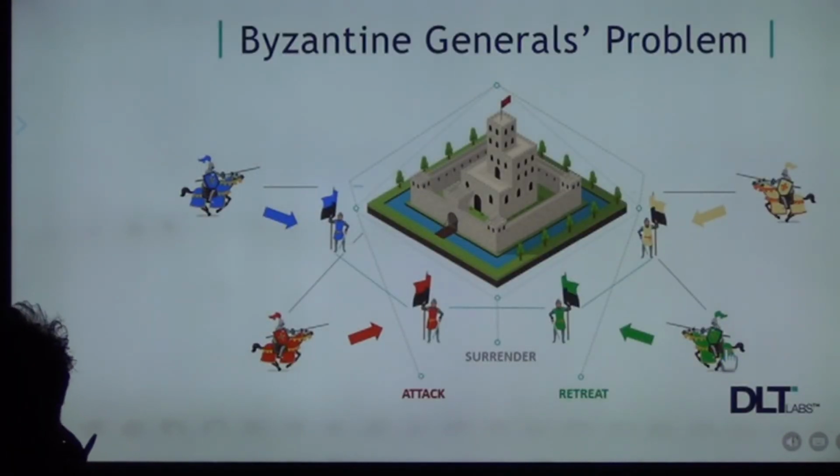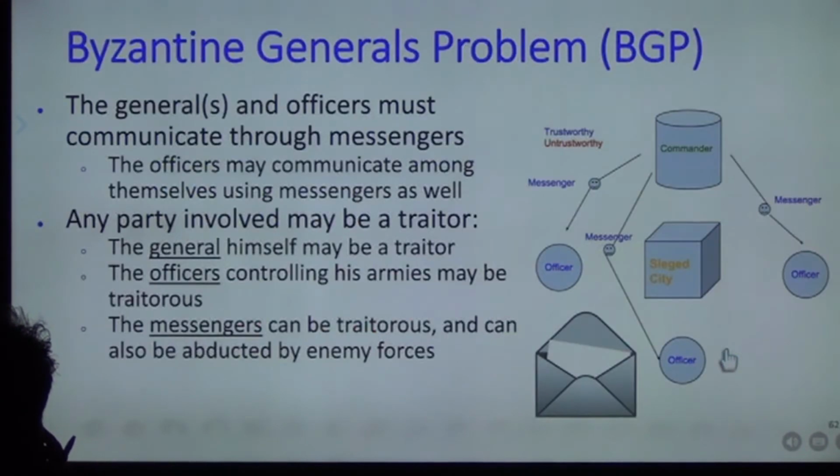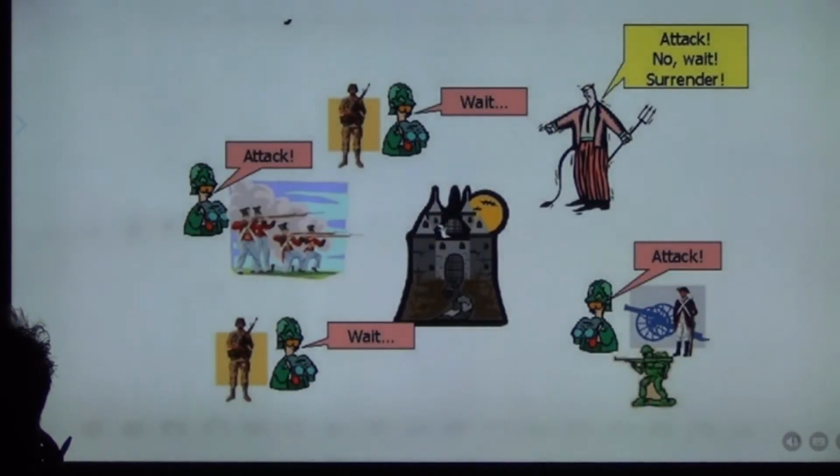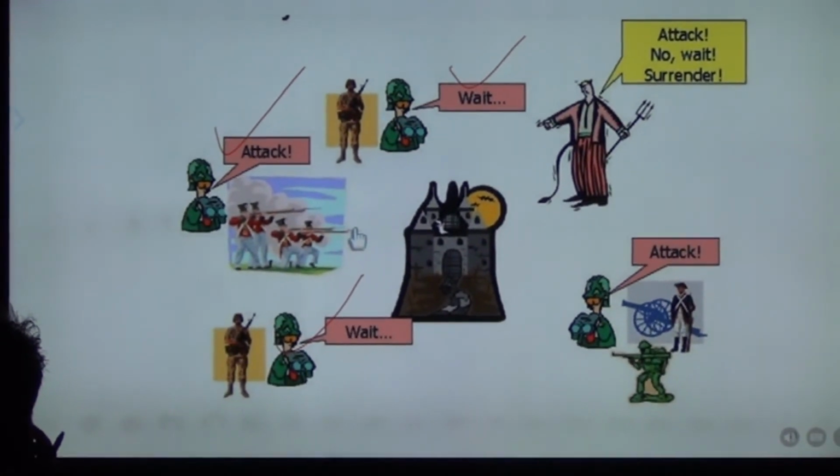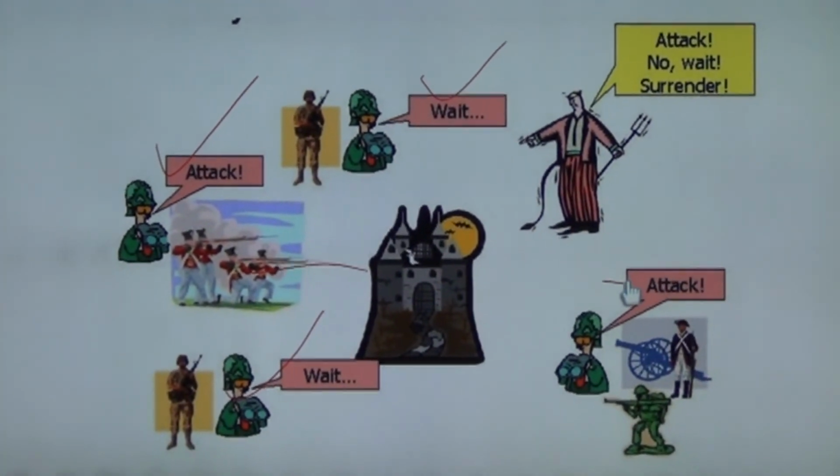This problem is very thoroughly discussed in the literature. This computing problem is the Byzantine general problem, where he may be asked to attack, he may be asked to wait, and one person attacked.